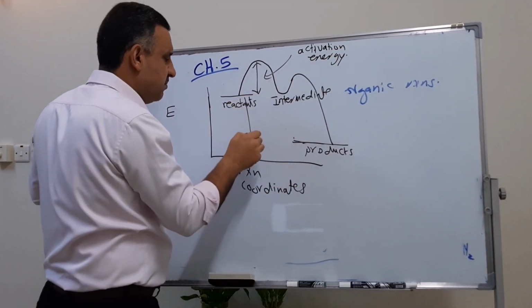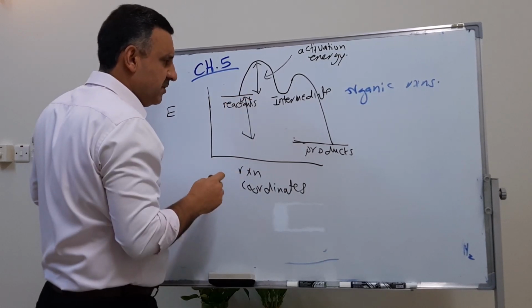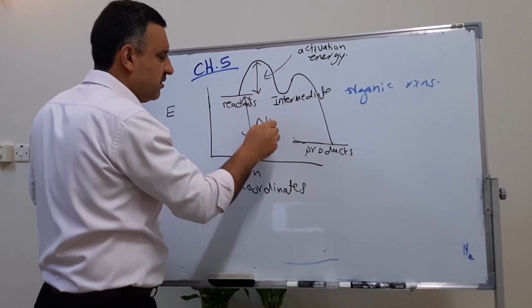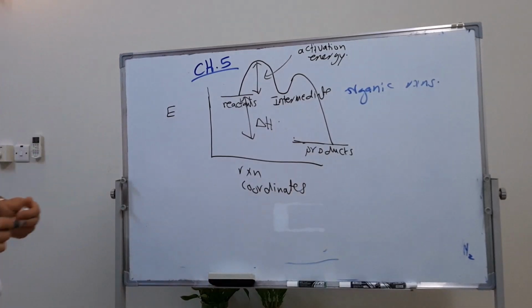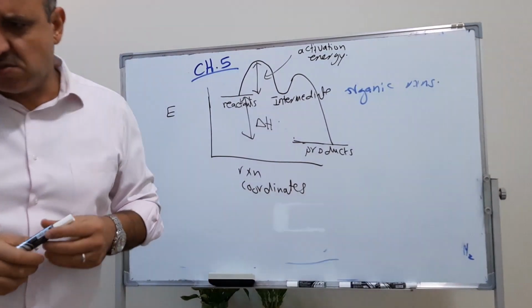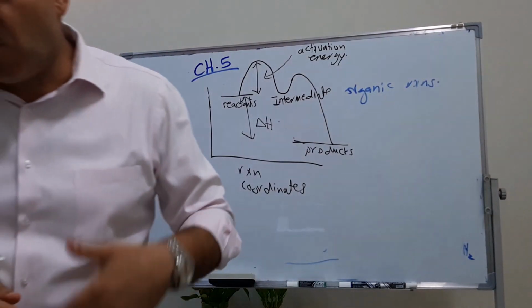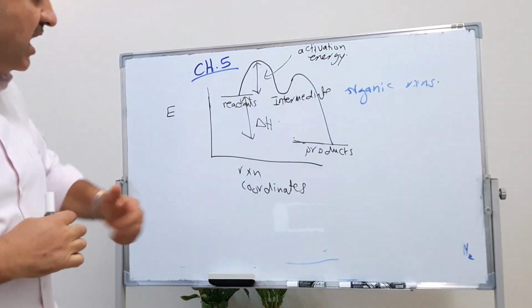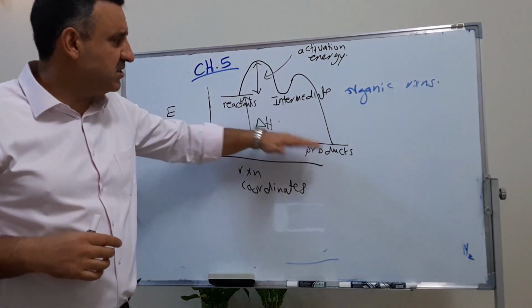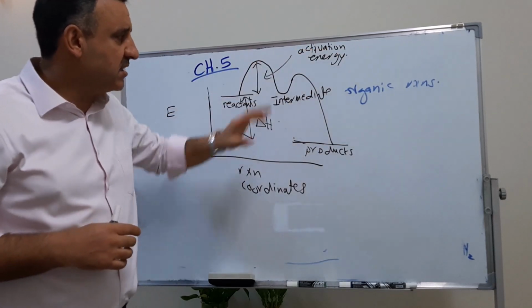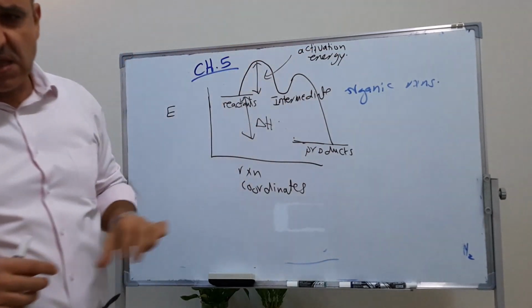And as we said before, the difference in energy between reactant and product is what we call the delta H of the reaction. That's the coordinate of any reaction. Whether the product is lower in energy than the reactant or higher, it doesn't matter. Always there is an increase in the energy.